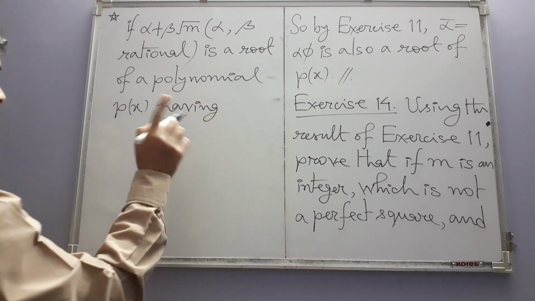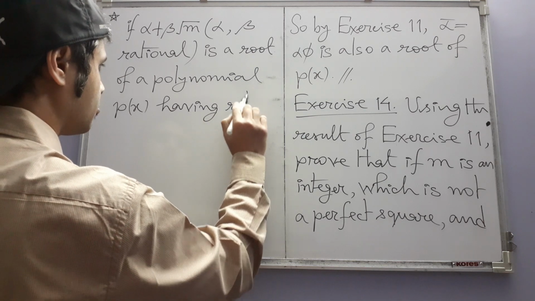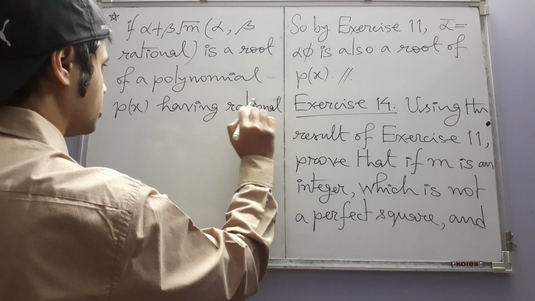In the previous one we had a polynomial with real coefficients. Here we have rational coefficients.